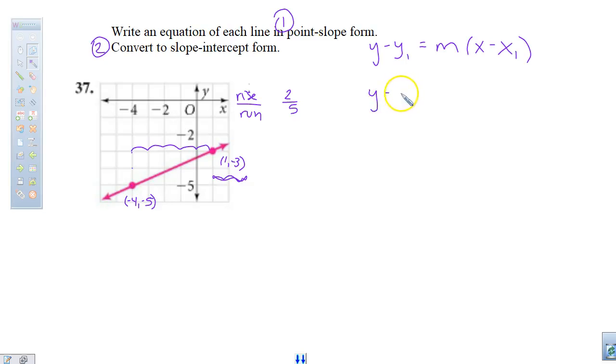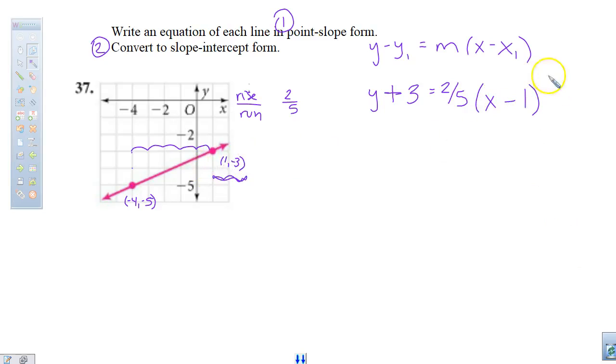I hope at this point you can recognize that when you substitute in that -3, it's going to create a +3, because this negative and this negative create that +3. Equals m, my slope is 2/5, times the quantity x minus 1.